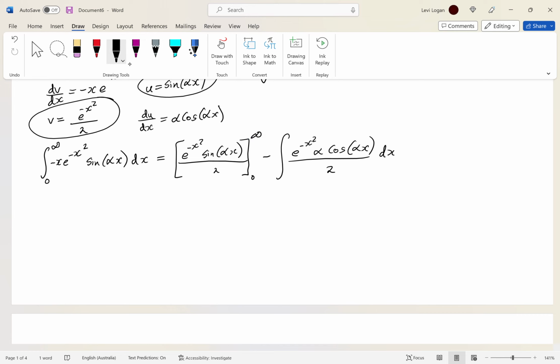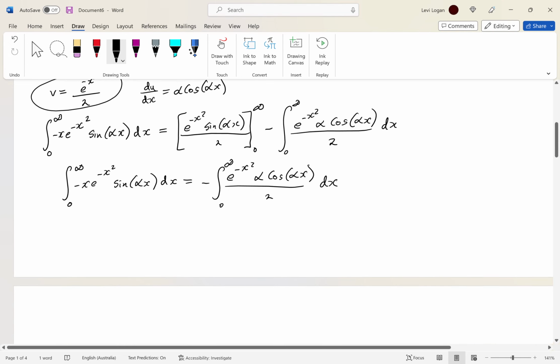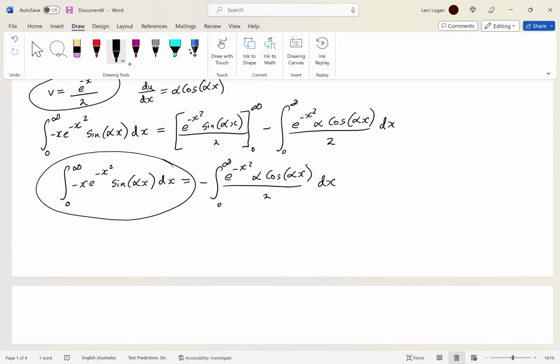So we're going to rewrite our line now. It's just the integral from 0 to infinity of negative x e to the negative x squared sine of alpha x dx is equal to the integral of negative e to the negative x squared alpha cos of alpha x over 2 dx, and of course you have 0 to infinity here. I forgot the bounds. Basically what we're going to do now to solve this is turn this into a differential equation, because recall this whole thing here is f dash of alpha.